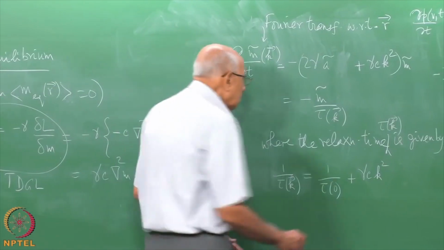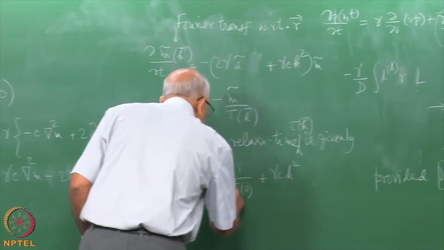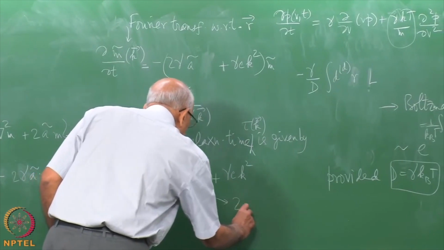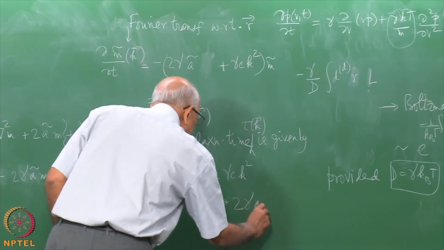Tau of 0, by definition, this quantity here is 2 gamma a tilde.